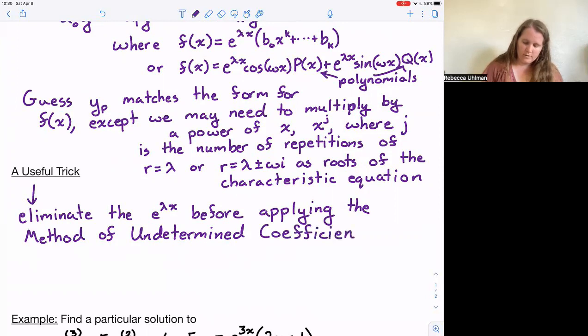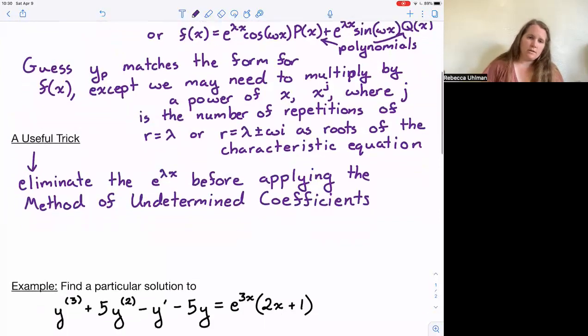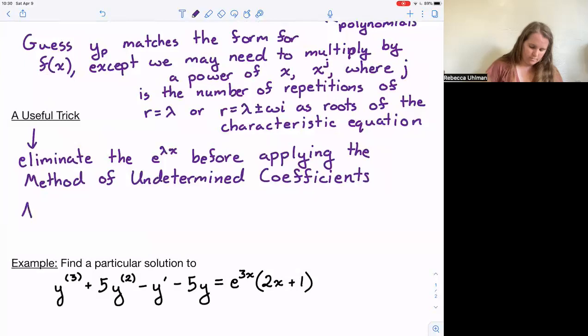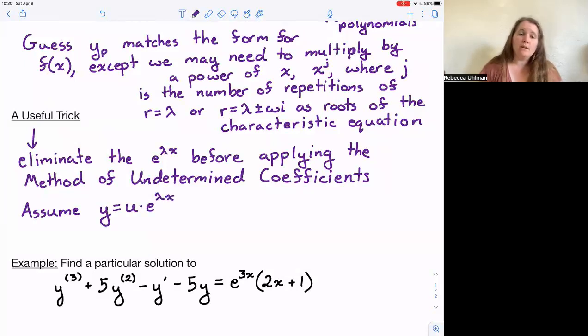The way to do this is to assume that y is u times e to the lambda x, and then rewrite the equation in terms of u.